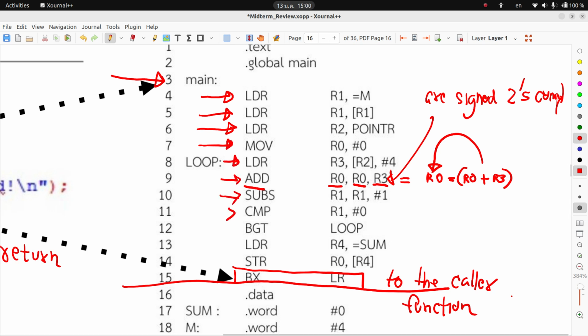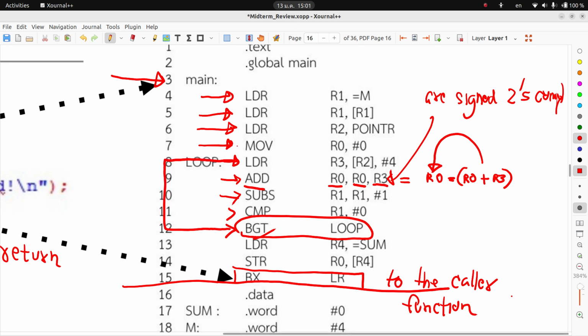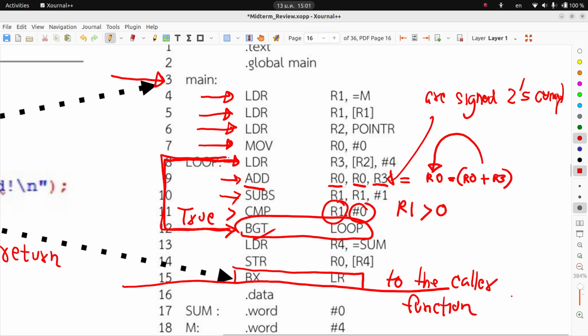Until here, it checks for the greater than condition, and the loop happens because R1 is greater than 0. That's what GT stands for, greater than.